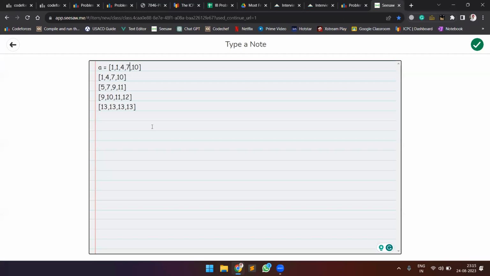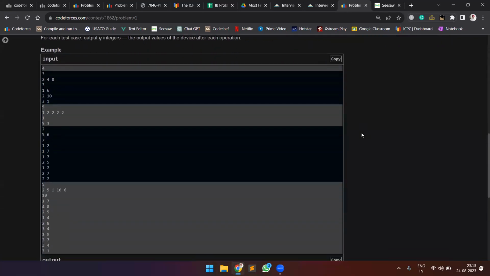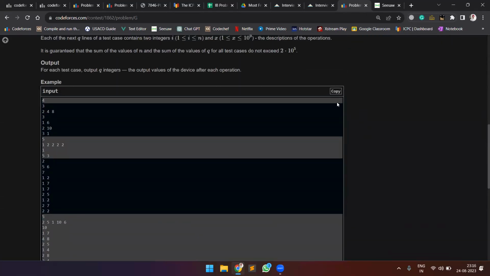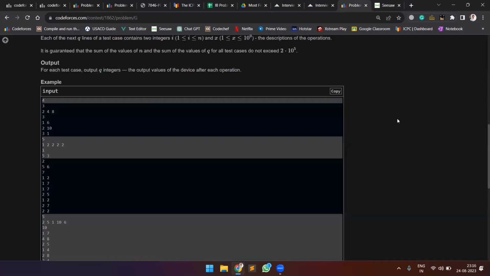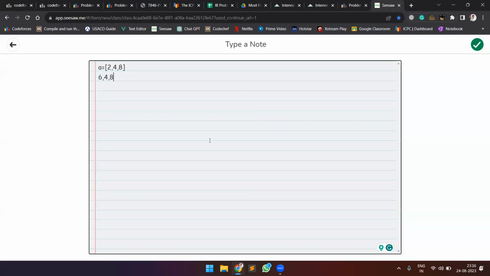So if the array was 2, 4, 8, after the first query, what is happening? It is becoming 6, 4, 8. What is the answer to this one? It should be 8 plus the maximum difference. So 8 plus 2 is 10. So the answer to the first query is 10, right?